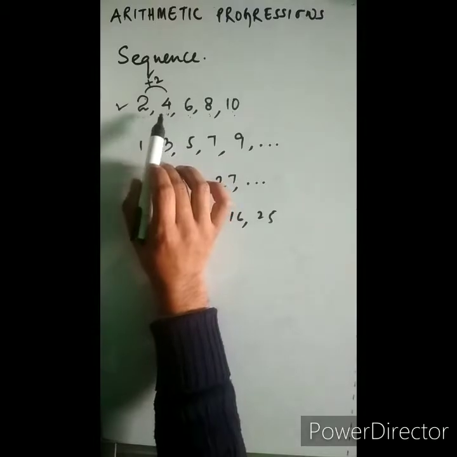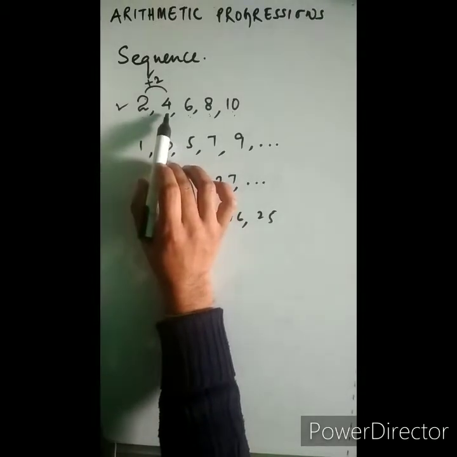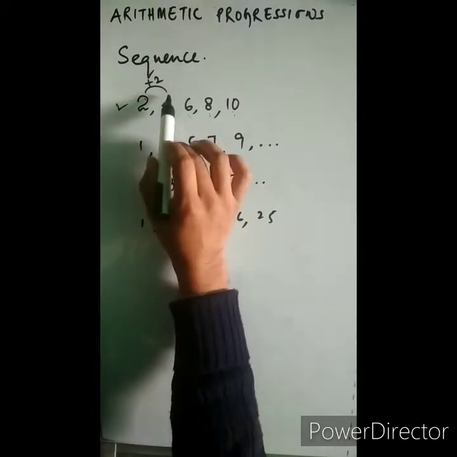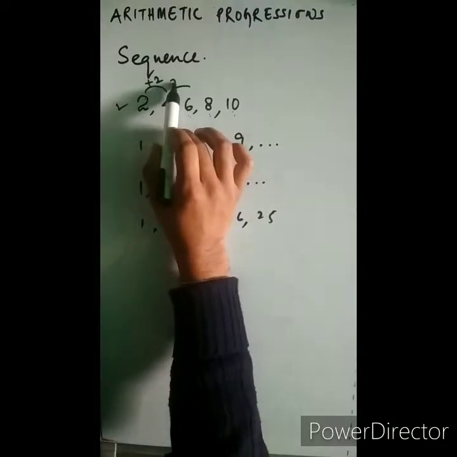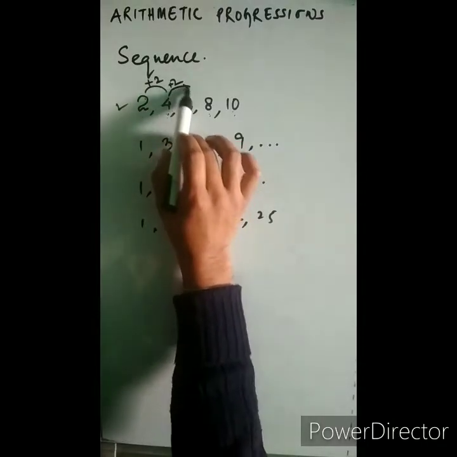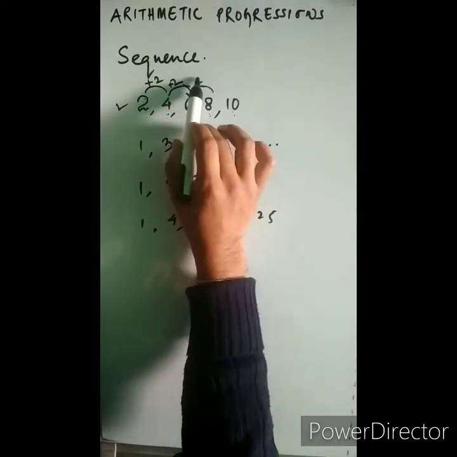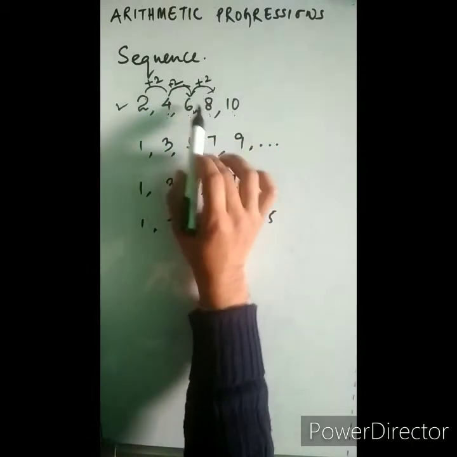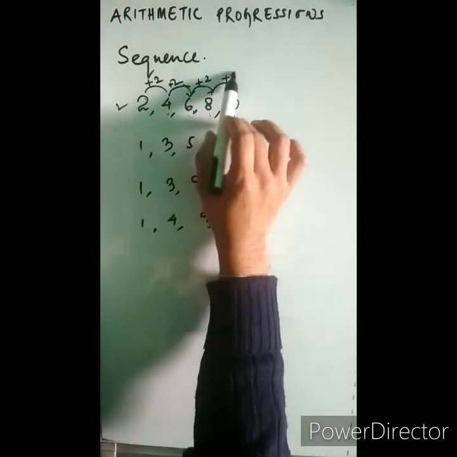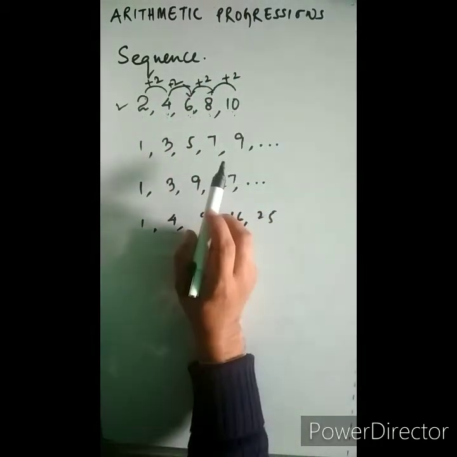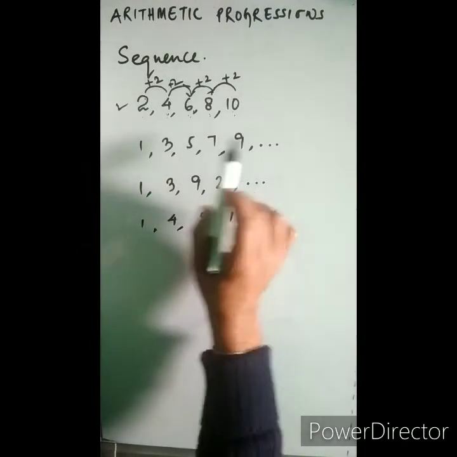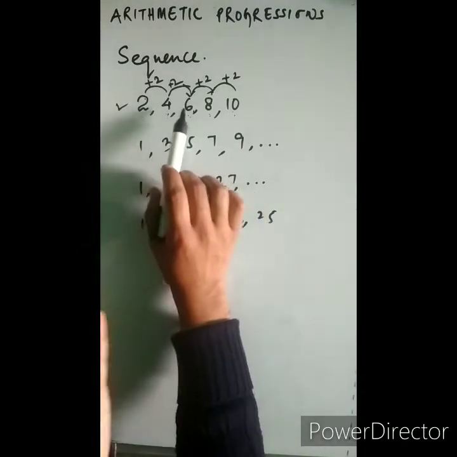So when I add 2 to the first number, I'm getting the second number. If I add again 2, then I'm getting the third number. 4 plus 2, 6. Then 6 plus 2, 8. Then again adding 2, I'm getting 10. So I'm just following a rule so that I can obtain the next number.